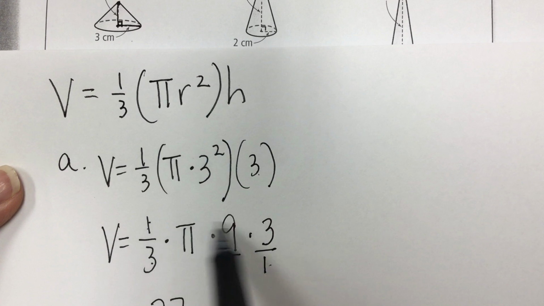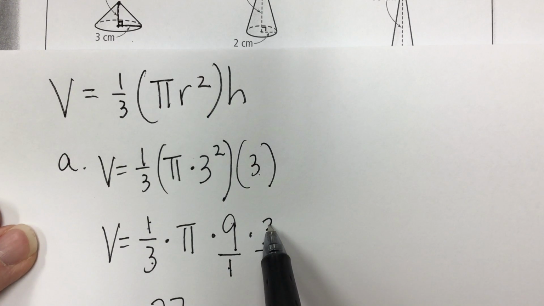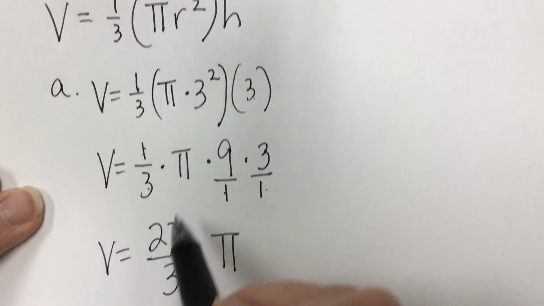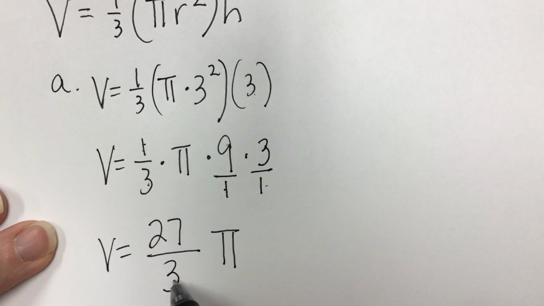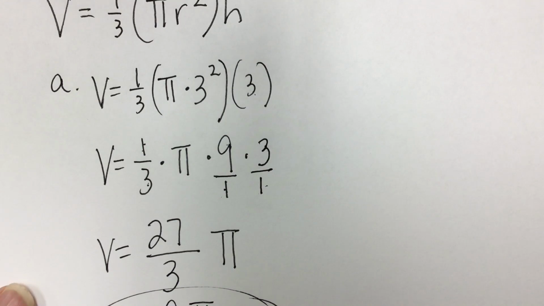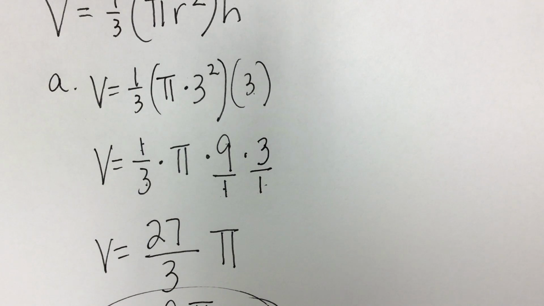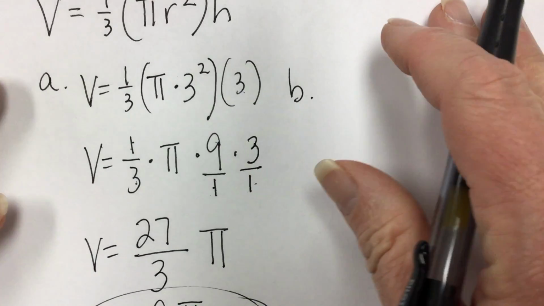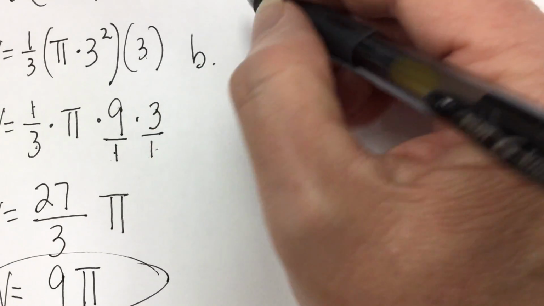So what I did is I multiplied my numbers on top, just like I'm multiplying normal fractions. 1 times 9 times 3 gave you 27, and 3 times 1 gave you 3. Now 27 divided by 3 gives you 9. So the volume of A part is 9 pi. Okay? So let's look at B part using that same formula.